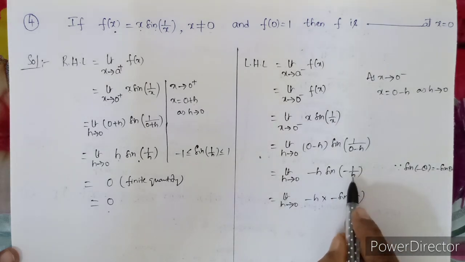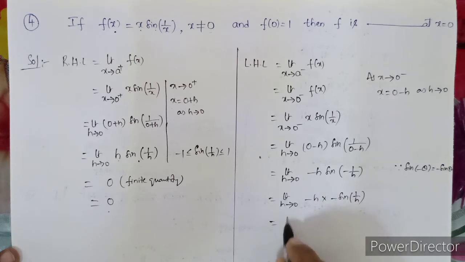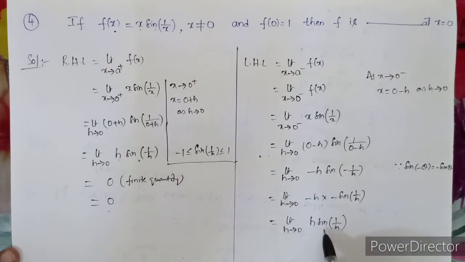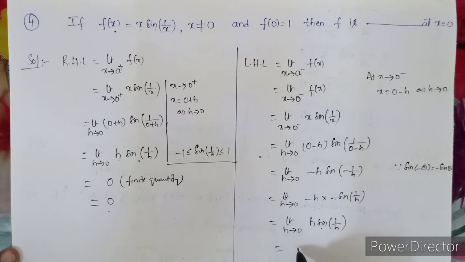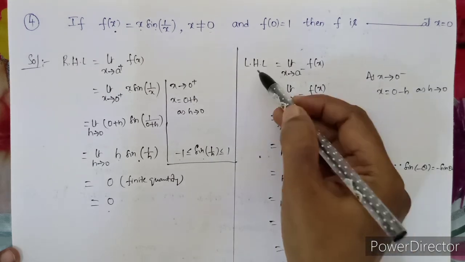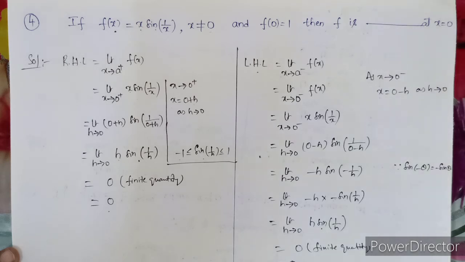Minus into minus is plus. Therefore, limit h tends to 0, h into sine of 1 by h. In the same manner, sine is a finite quantity lying between minus 1 and plus 1, so 0 into finite quantity gives 0. Therefore, left-handed limit is also equal to 0.